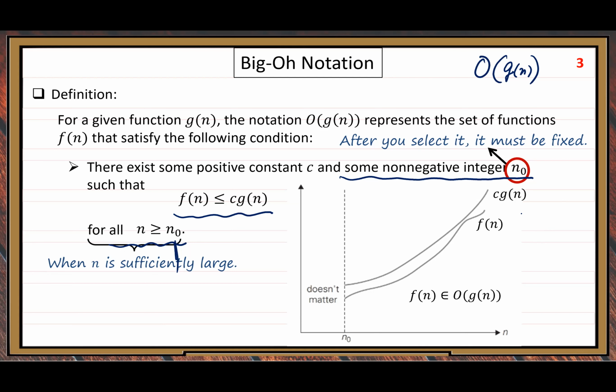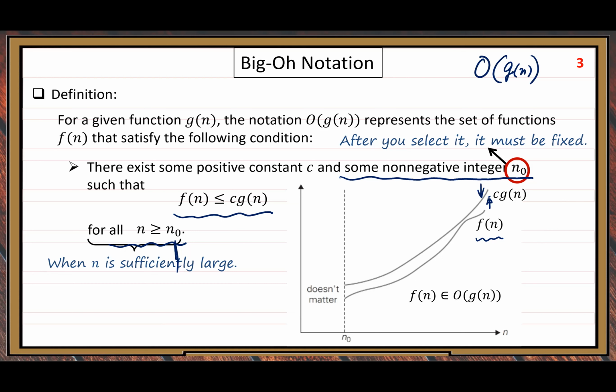But in order to describe this f function, we need to adjust a constant multiple of g, c times g of n. We can choose that constant c, so we can move the curve up or down when we change the value of c.